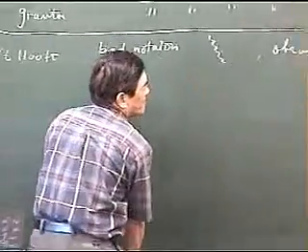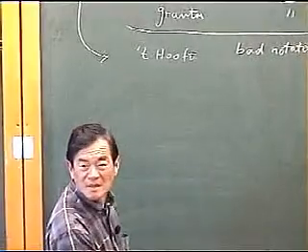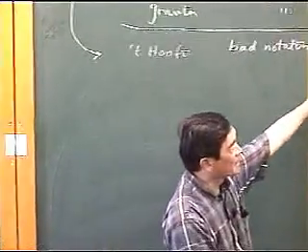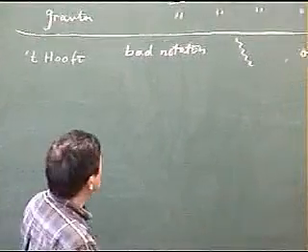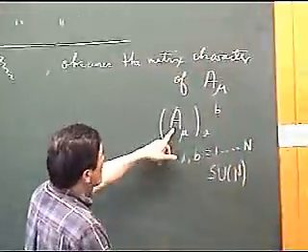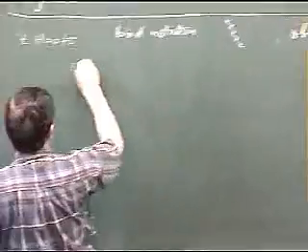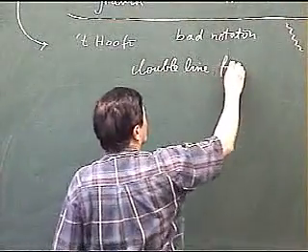Any questions? So A mu is actually a matrix, and if you write a single line like this, 't Hooft said that obscures the matrix character. So what you should do is remember that A mu actually carries two indices. So 't Hooft introduced what is called the double line formalism.